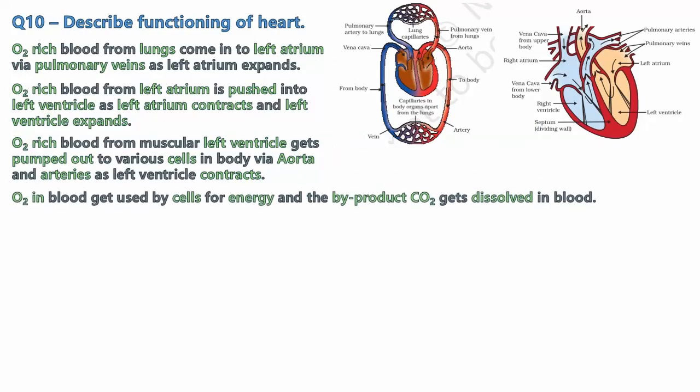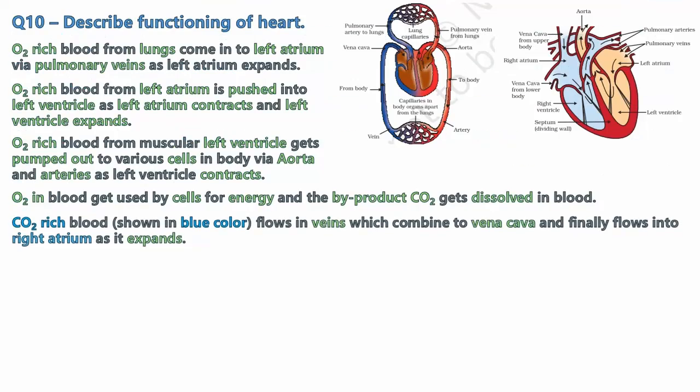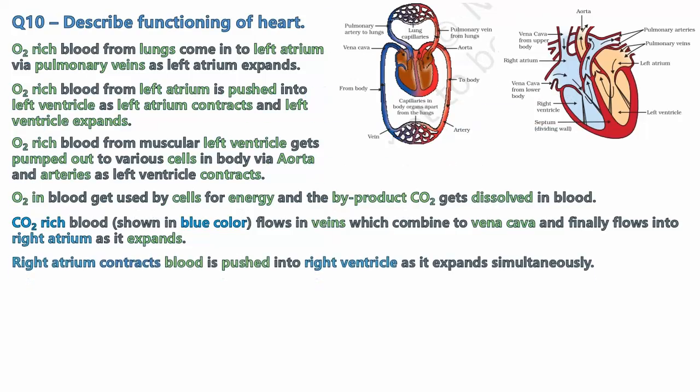Okay, O2 in the blood is used by the cells for energy, and the byproduct CO2 gets dissolved in the blood. Now CO2 rich blood, shown in blue or purple color, flows in the veins which combine to form the vena cava, which is a main vein, and finally flows into the right atrium as it expands.